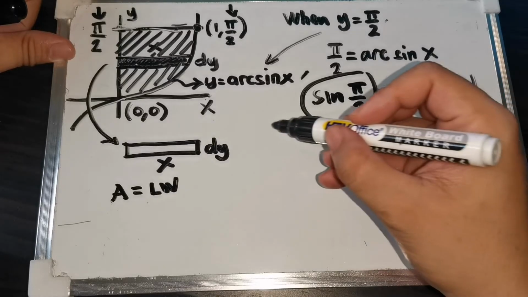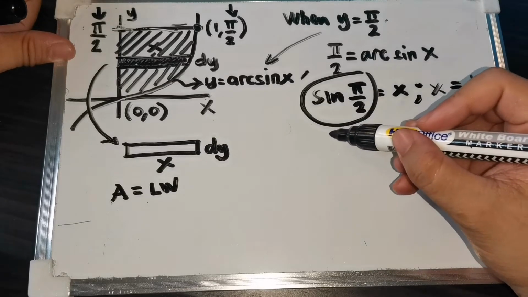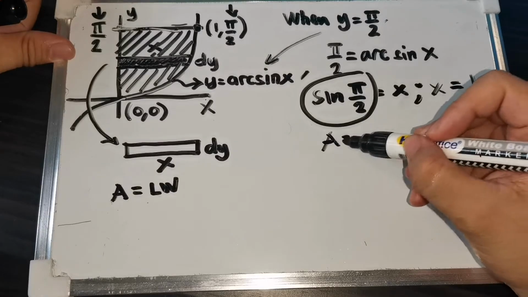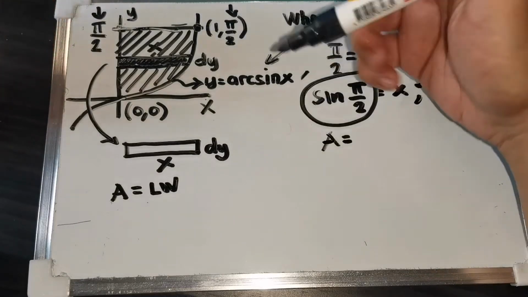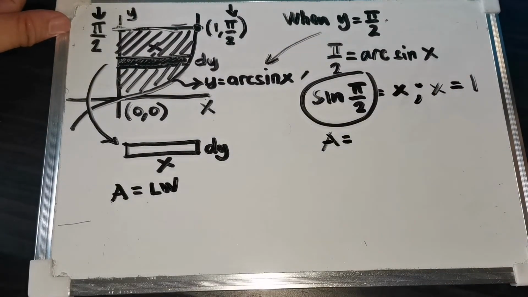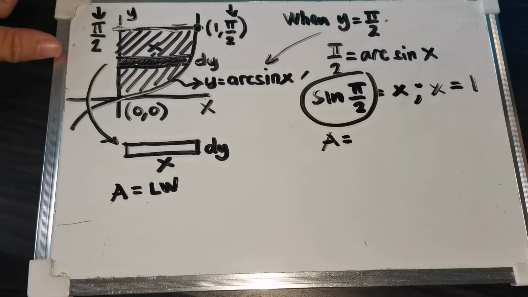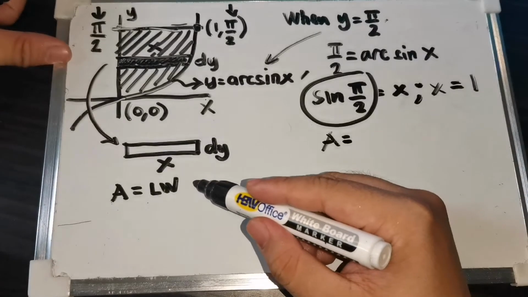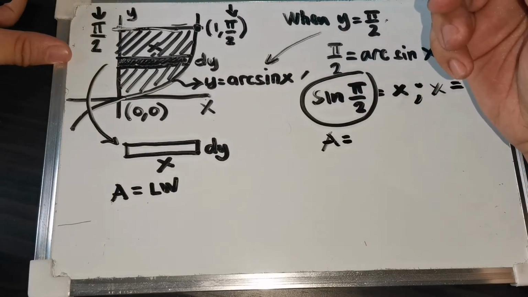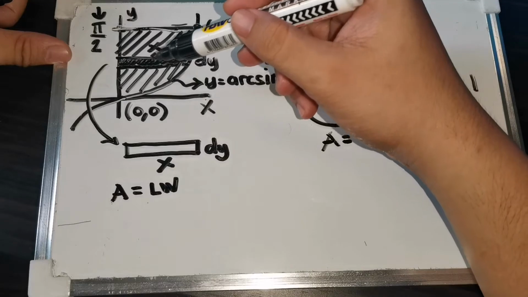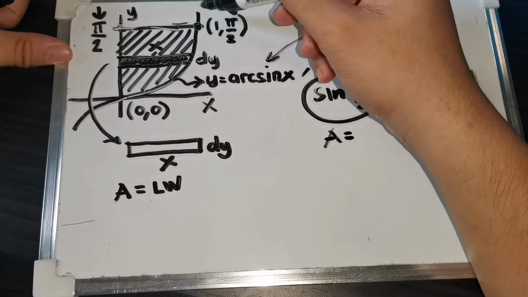Now, applying the concept of area, we're dealing with irregular curves. That's why we're applying the concept of integral calculus. Not just the concept of length times width, but we need to put lower and upper limits because we're dealing with an irregular curve here.